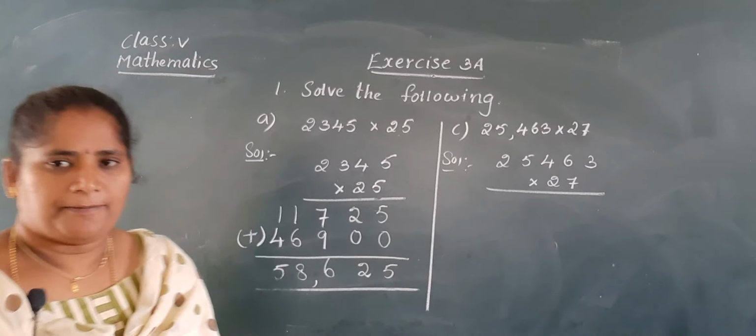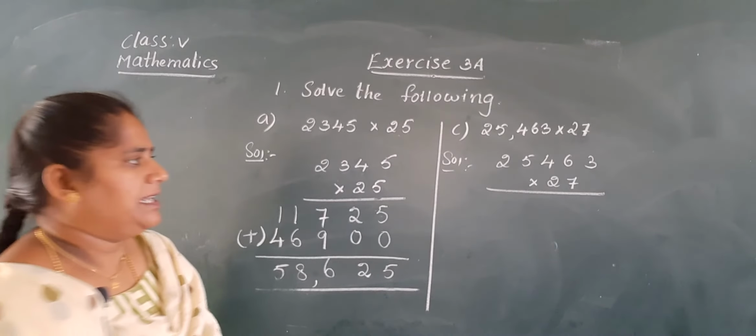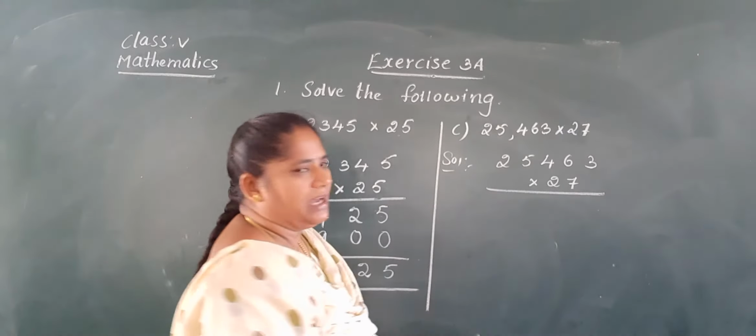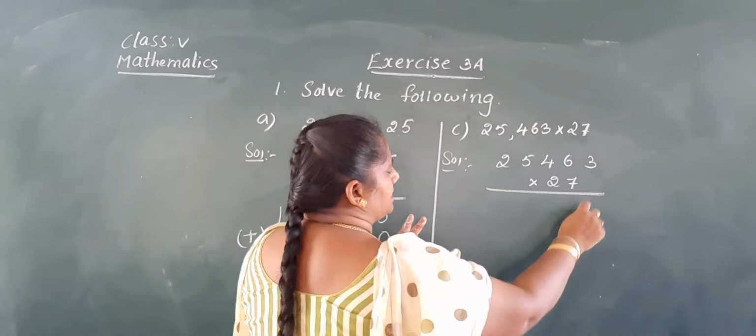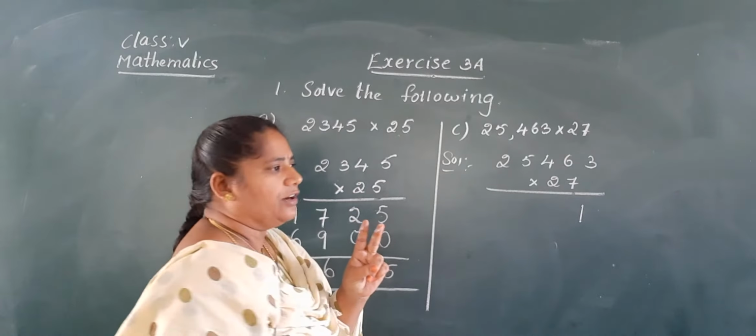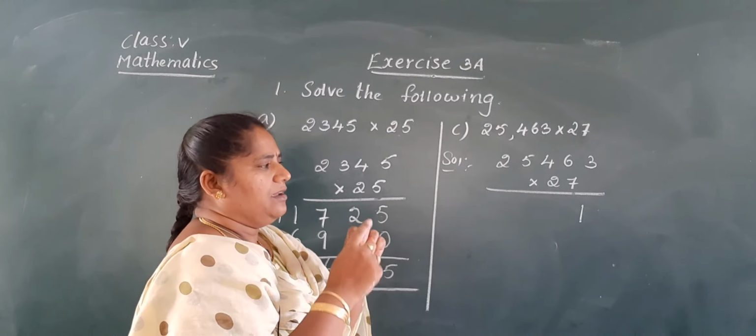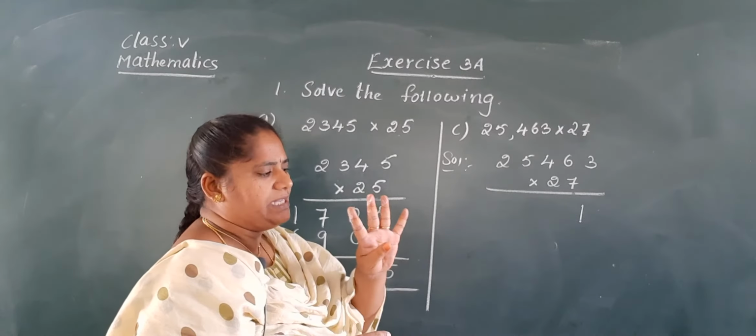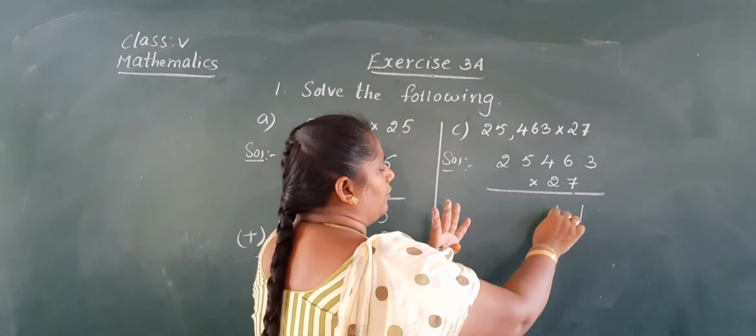7 3s are 21. 2 in hand, 1 is down. 7 6s are 42, 43, 44. 4 in hand, 4 is down.